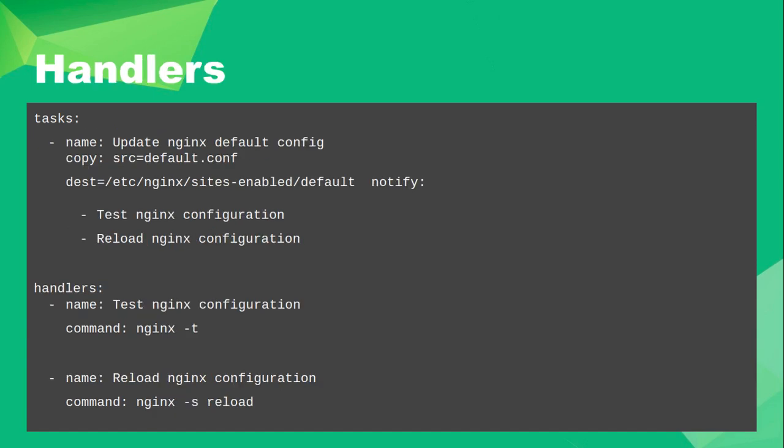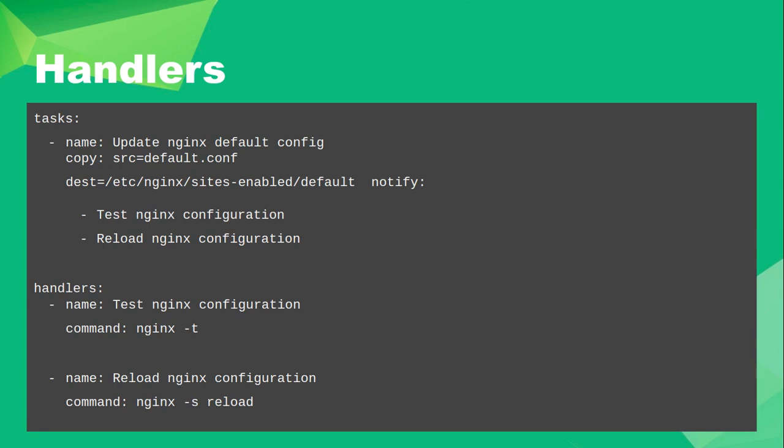Now let's talk about handlers. What is a handler? If you create one task and you need some handlers to perform more operations on that, in that case we can have handlers. So now let's see how a handler is used here. The name of your task is update nginx default config. We want to update the configuration of nginx.